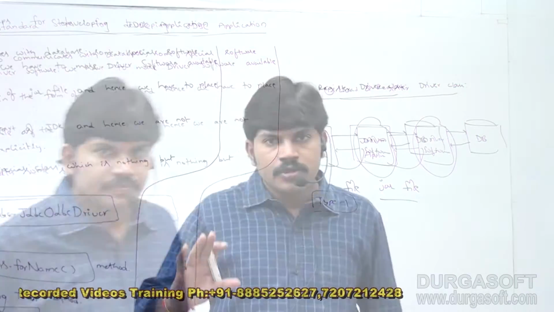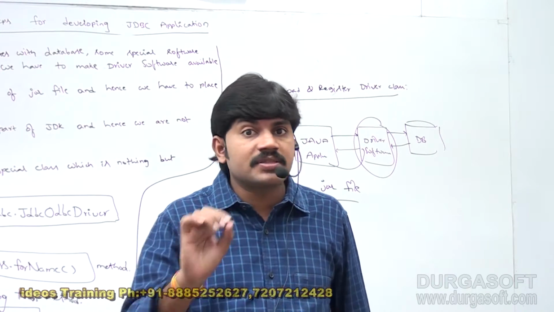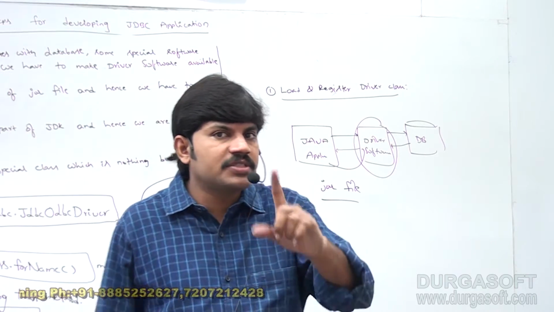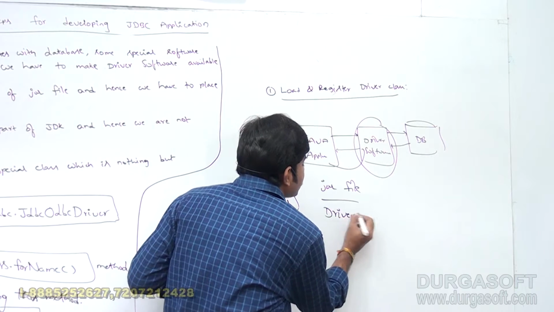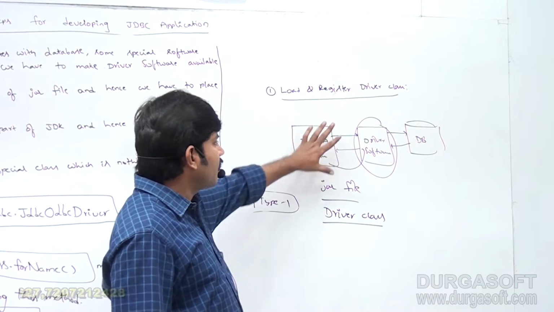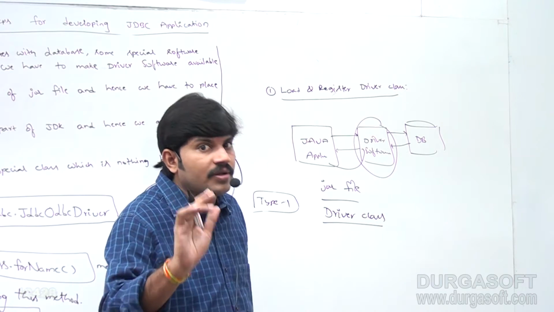Clear, right? Every driver software is identified with some special class, which is also known as the driver class. In the last classes I explained, every driver software is identified with some special class, which is nothing but the driver class.